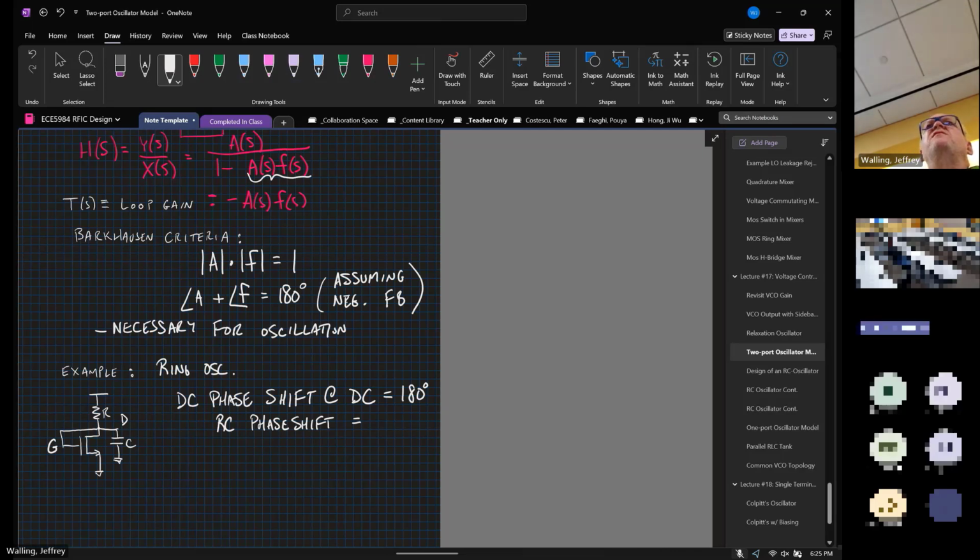Yeah, so at DC, it's pretty close to 0 degrees. And if we go to very, very high frequencies, it goes to 90 degrees. We're just talking about magnitudes of phase shifts.